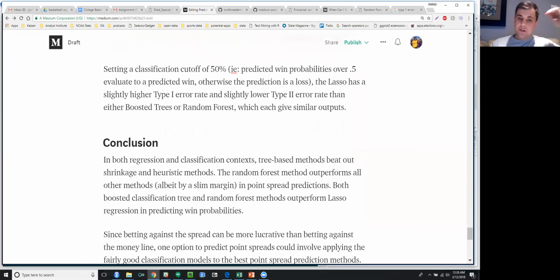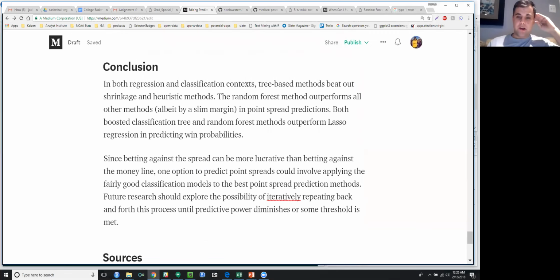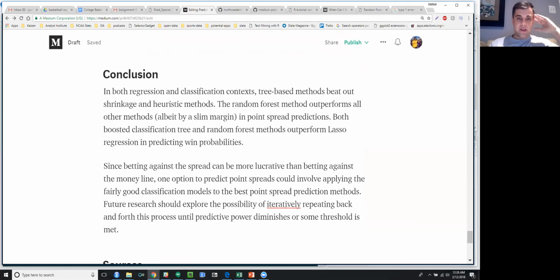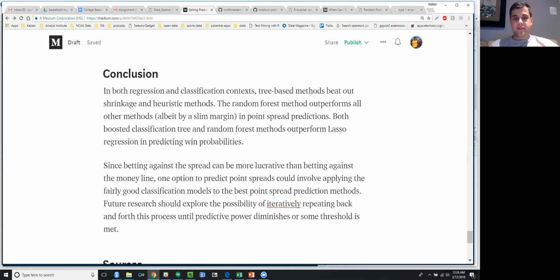Okay, so my conclusion is that the tree-based methods worked better in both the regression context and the classification context. One thing that I would like to try in the future: because betting against the point spread is more lucrative than betting against the money line, getting the regression problem right is more important than getting the classification problem right in terms of betting on individual games.